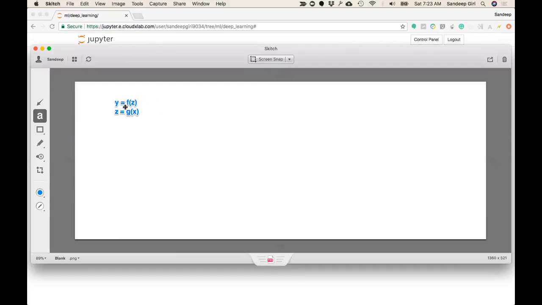Here, we're talking about the same mechanism, the rate of change of y with respect to the rate of change of x is what we are looking for, correct? So again, we'll apply the same principle. We'll differentiate z with respect to x.